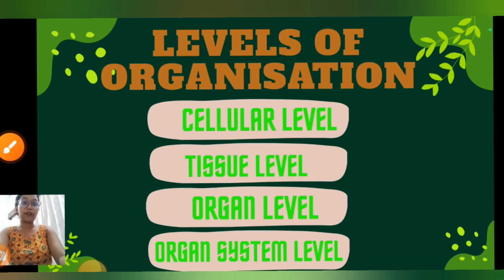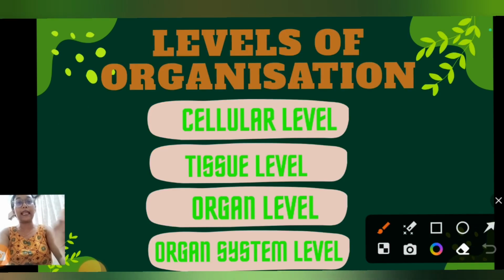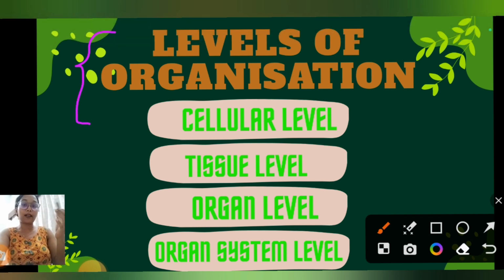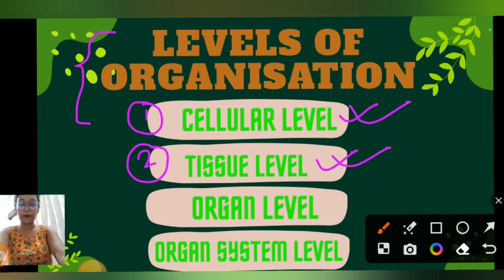So moving on to the next slide, we'll study the levels of organization, how the different phyla are categorized based on the levels of organization. The first level is the cellular level, the second is the tissue level, the third is the organ level, then the fourth is the organ system level.